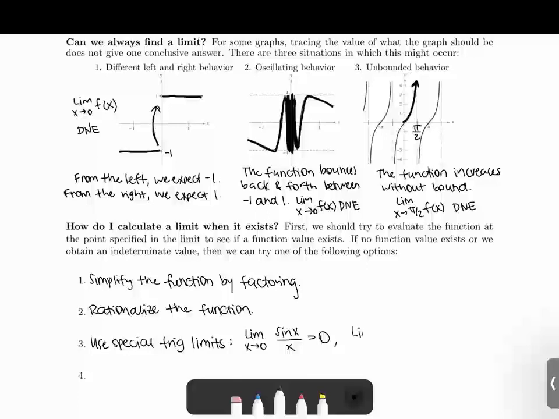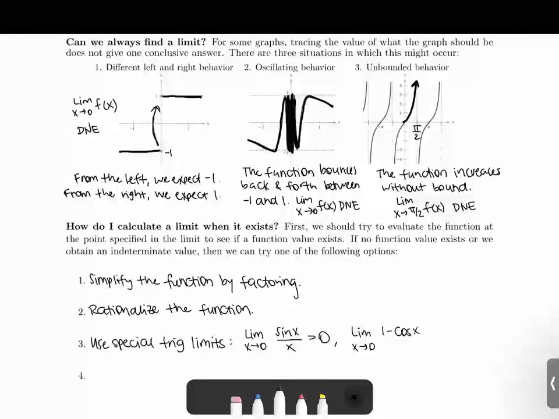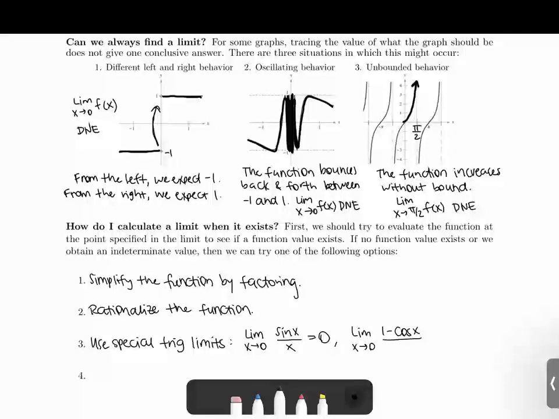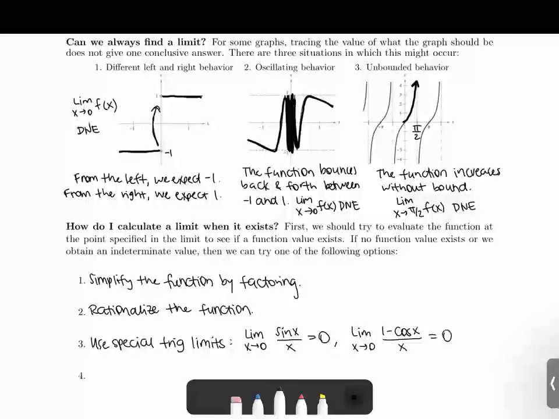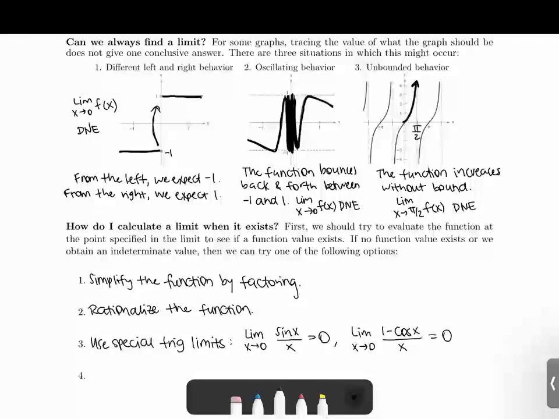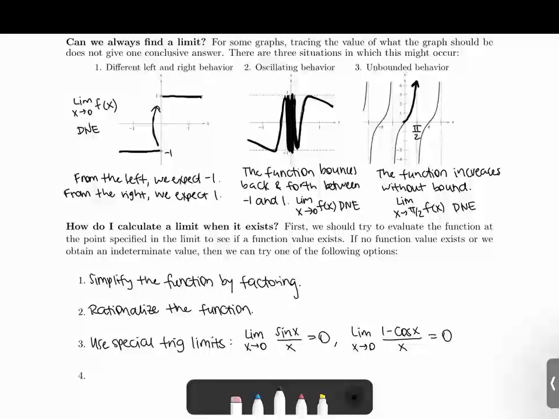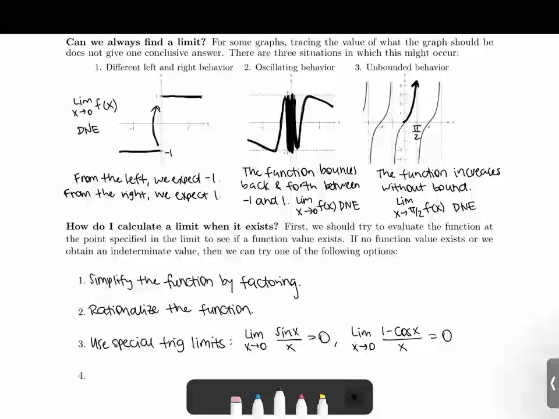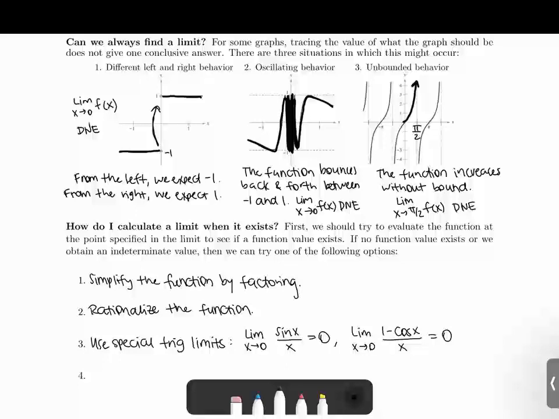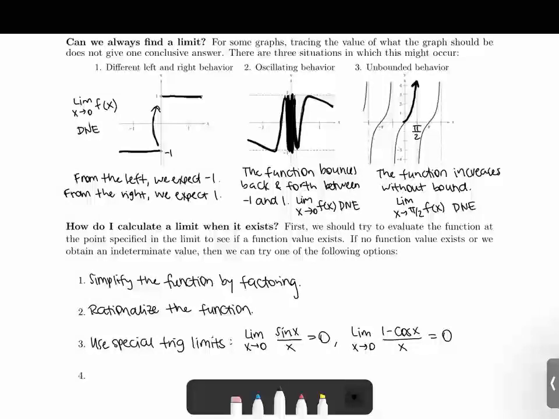And if our function involves a cosine, then we can try to rewrite our expression to have a 1 minus cosine x over x. So these are 2 special trig limits, again, just for you to memorize. Your instructor may not have gotten here whenever you're watching this video, or they may not have talked about this second one, 1 minus cosine, because it comes from sine x over x.